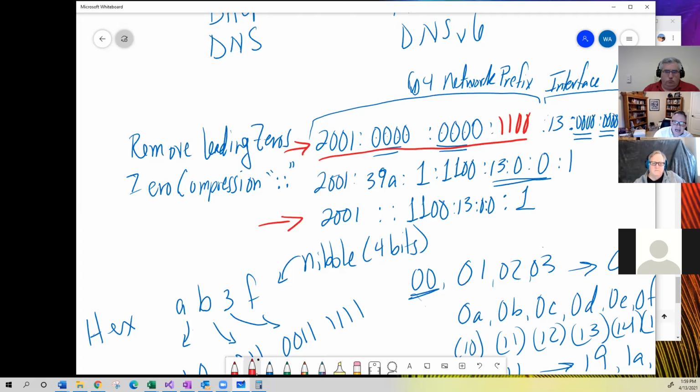But you're right. The computers are built in with the IP version 6 stack, so when it converts to binary, you still have all the zeros represented with four zeros in binary.